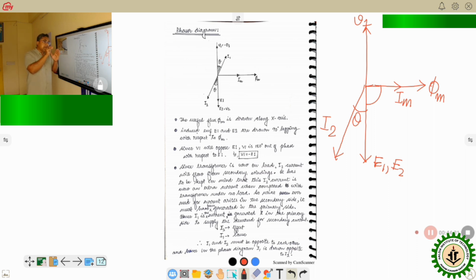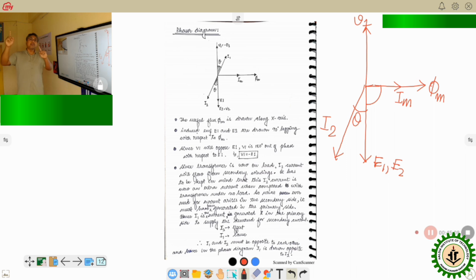Why is V1 sending extra current? Because load is rising in the secondary side. Load rising means I2 rising, which means MMF in the secondary side rising. Secondary MMF will oppose primary MMF, flux in the core reduces, E1 reduces, so the opposition reduces. So V1 supplies extra current, because there is a rise in the load.